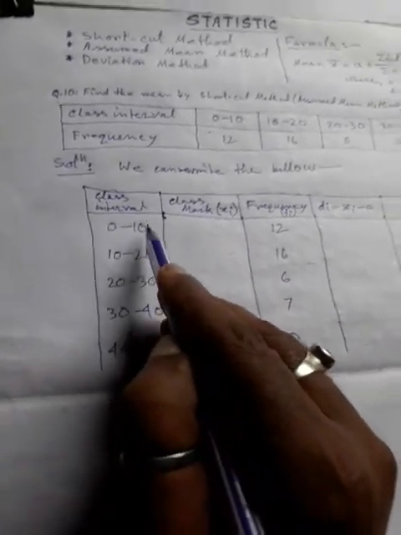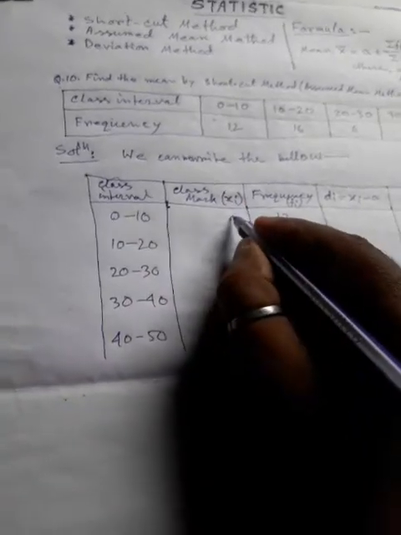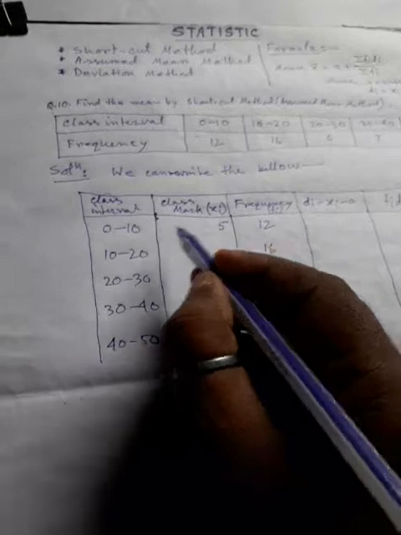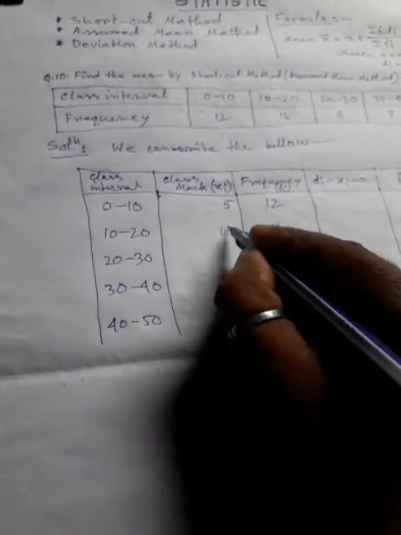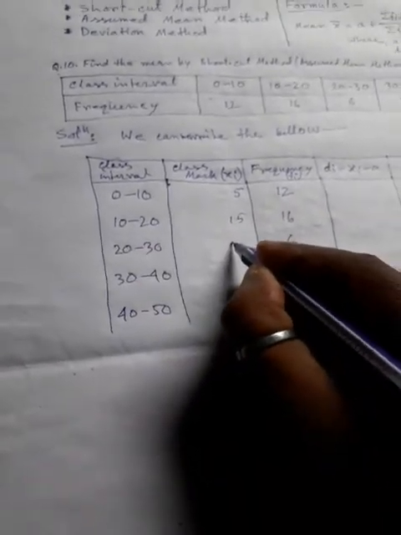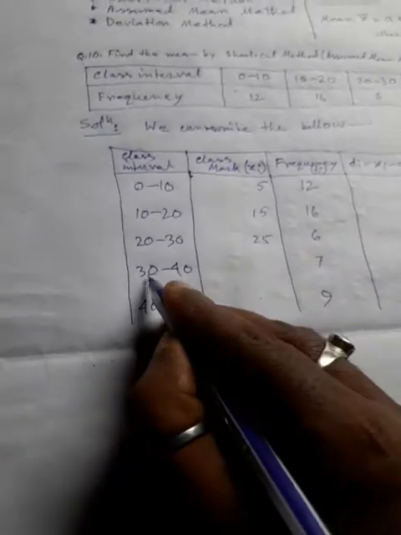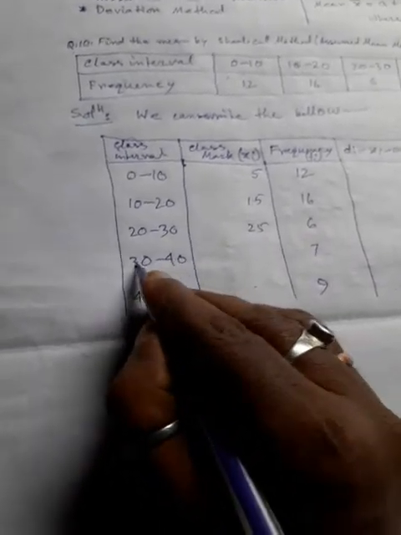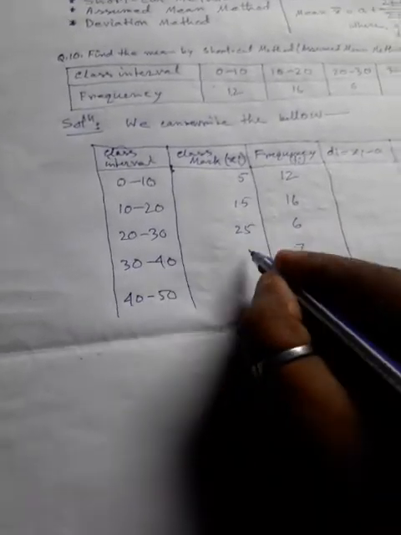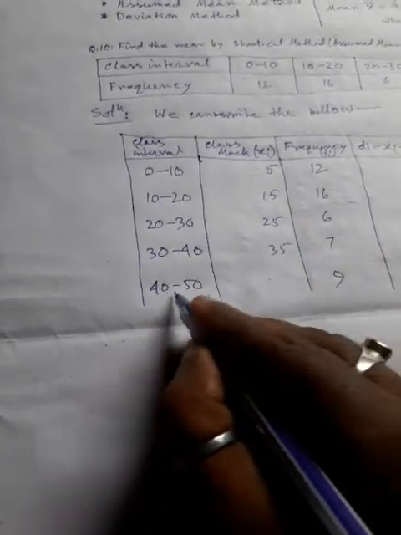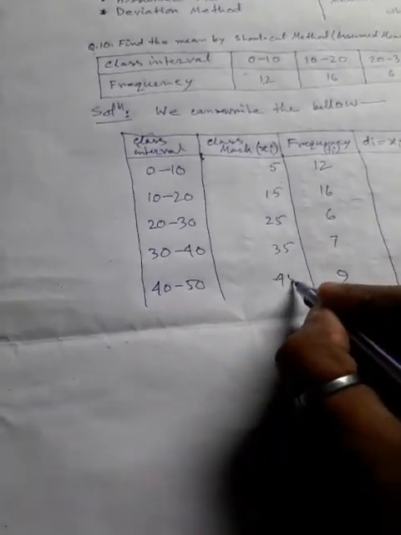Class mark, that is the mid value: 0 plus 10 by 2 is 5, 10 to 20 is 15, 20 to 30 is 25, 30 to 40 is 35, 40 to 50 is 45.